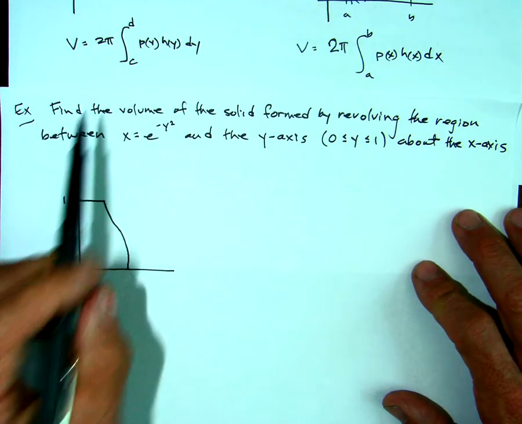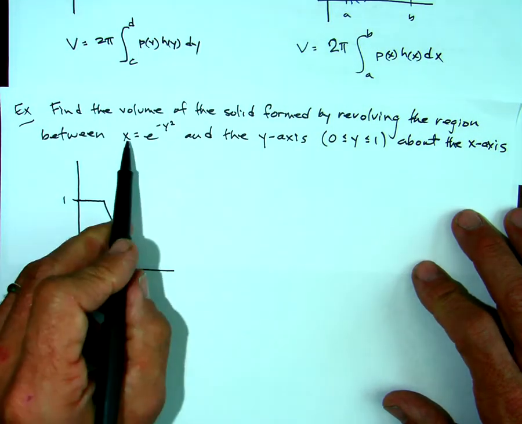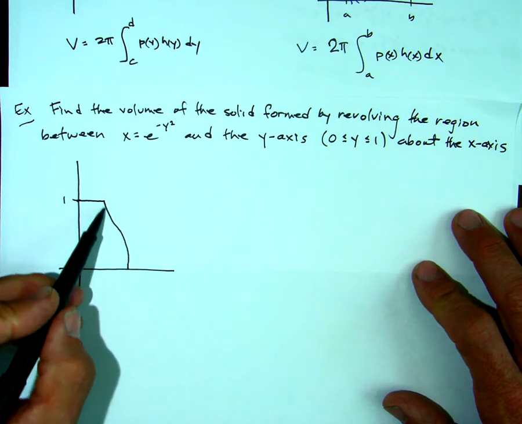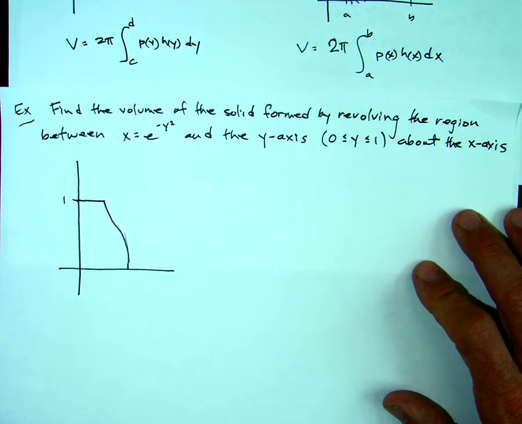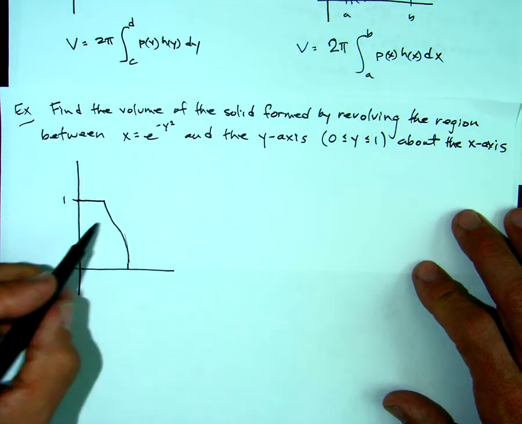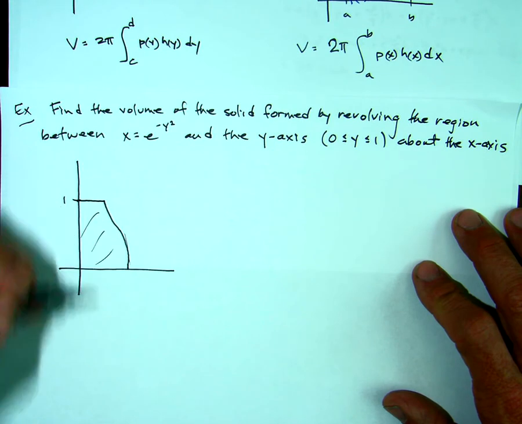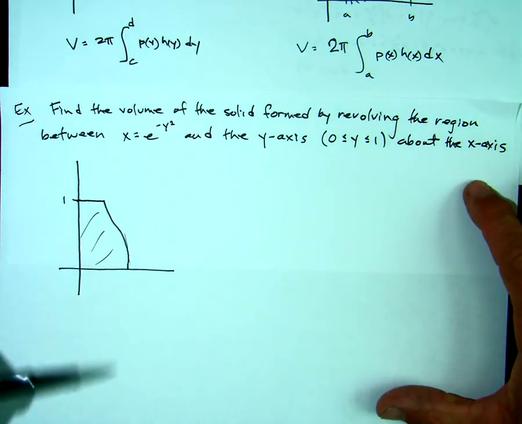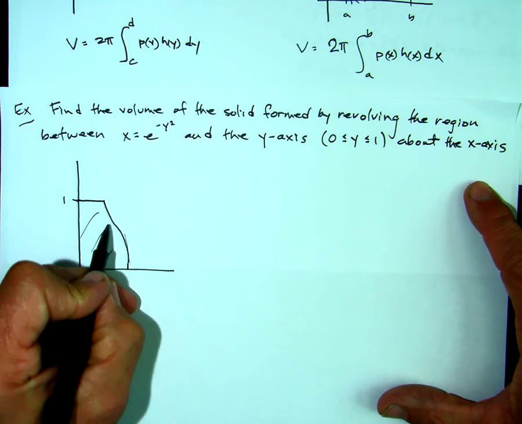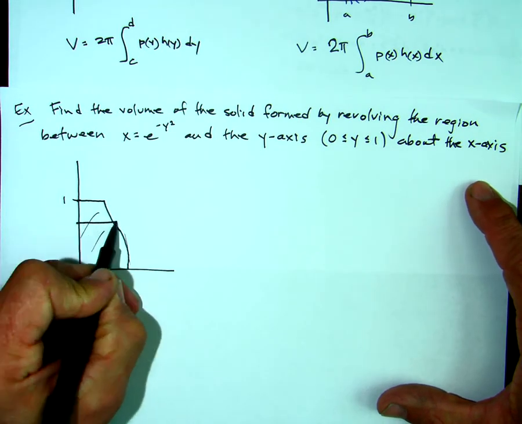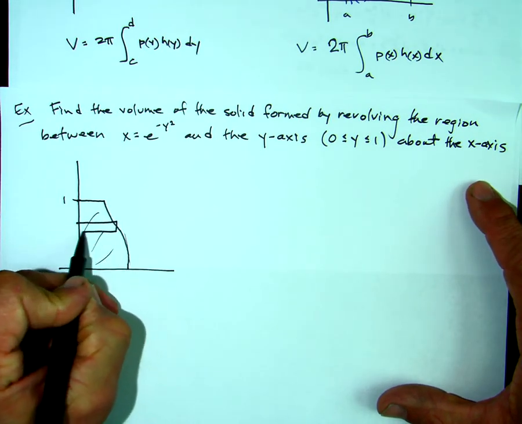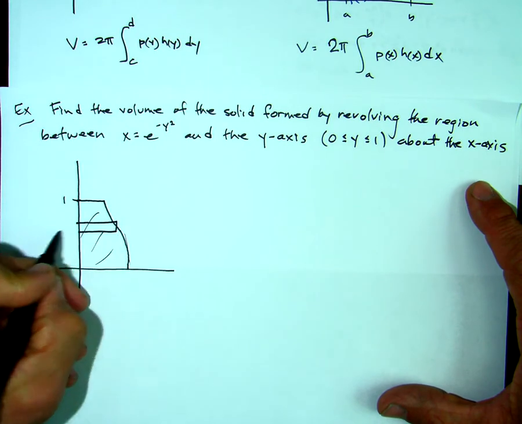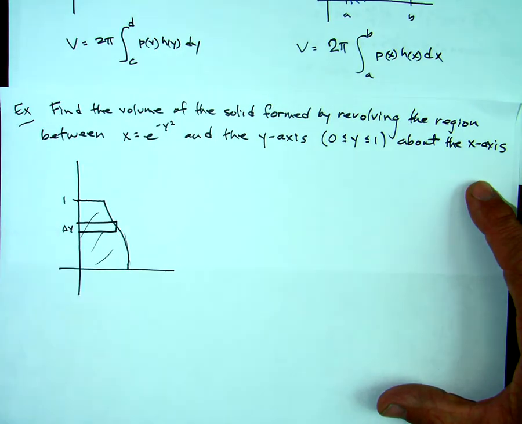The area that we're looking at is the area between x equals this curve right here, e to the negative y squared, and the y-axis. We're going to revolve it around the x-axis. So let's draw in our rectangle. We know that the width is going to be delta y.